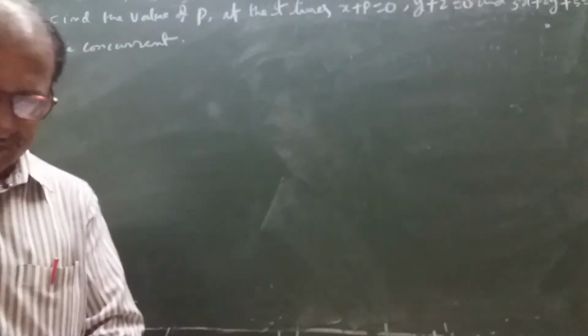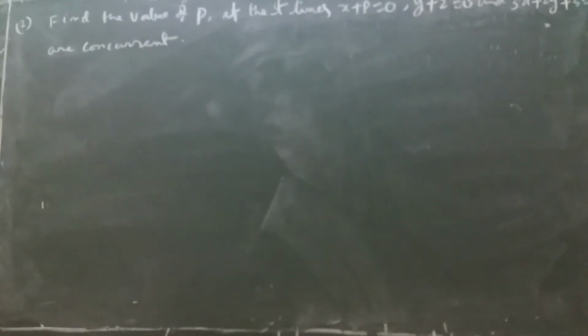This is the given problem. What is our aim? We have to find the value of p. What is the given data? Three lines are given. From that we have to find the value of p by using the concept of concurrency.